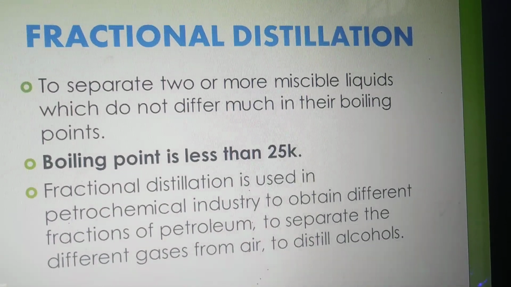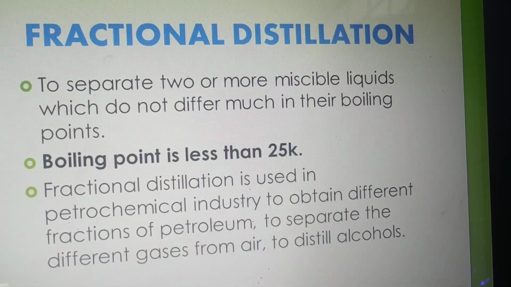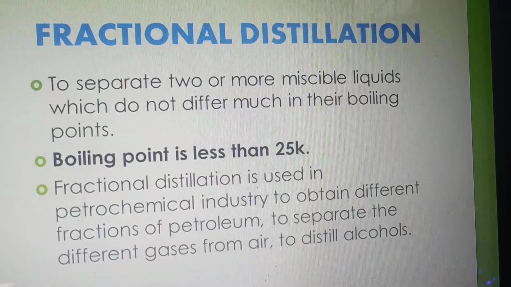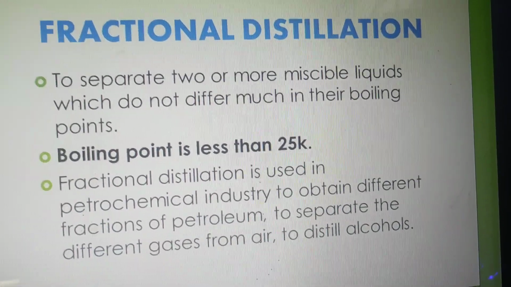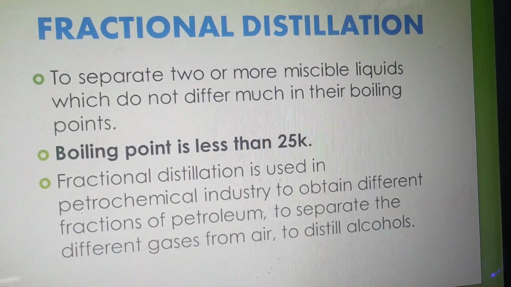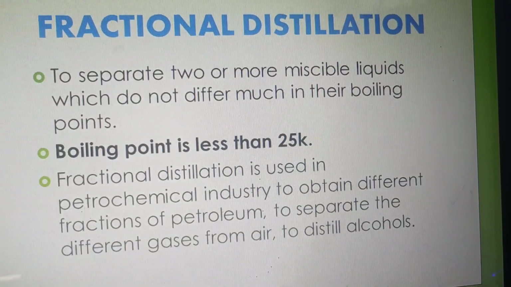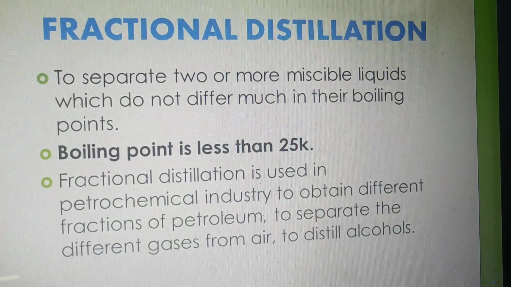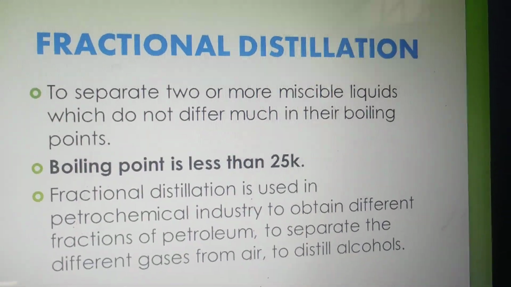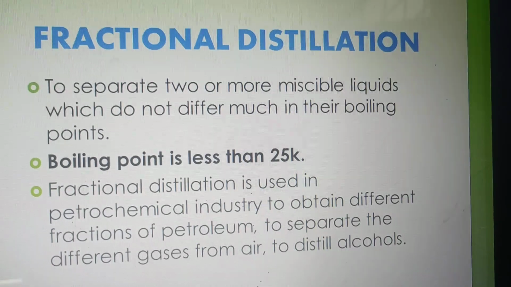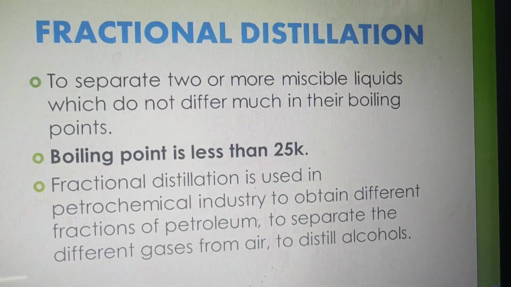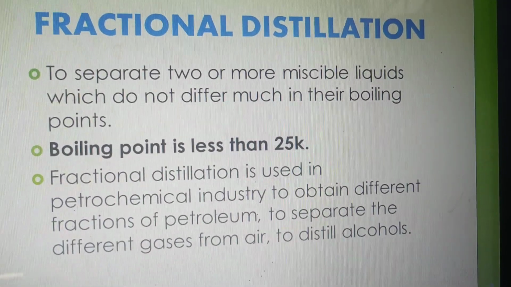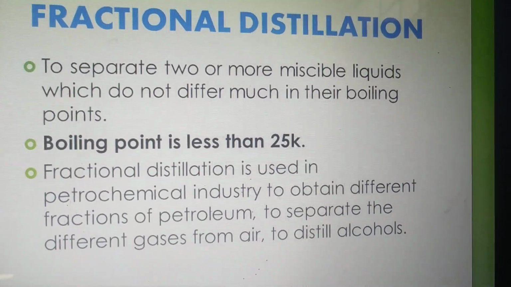So what is the difference between simple distillation and fractional distillation? Simple distillation means salt and water are separated, and salt water is converted into pure water. But here we separate two or more miscible liquids which do not differ much in their boiling points.